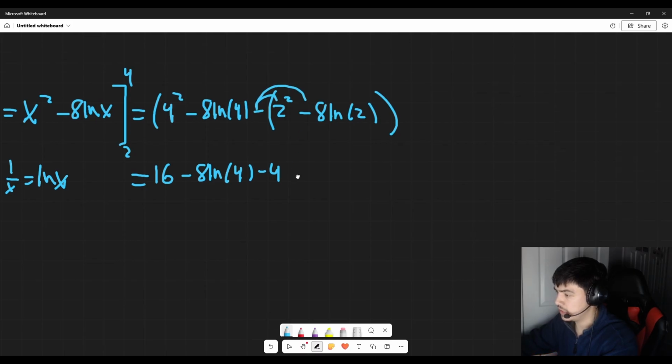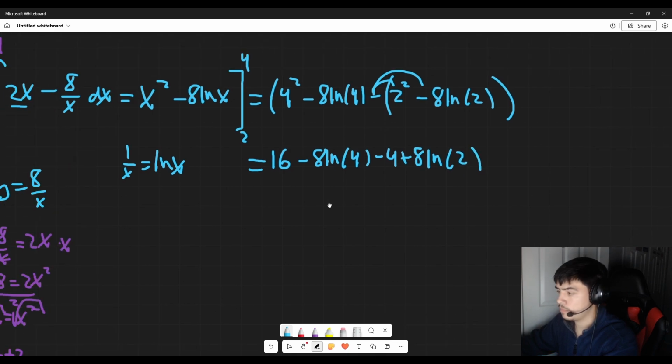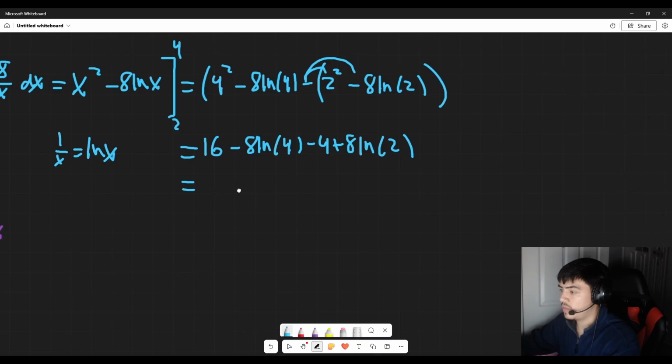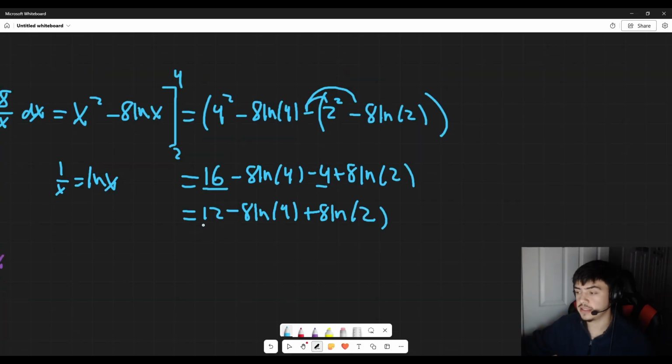And distributing this negative, we get plus 8 ln of 2. So, simplifying this further, we have common terms right here. We have 16 minus 4, which is 12. Then we have negative 8 ln of 4 plus 8 ln of 2. And that's our final answer.